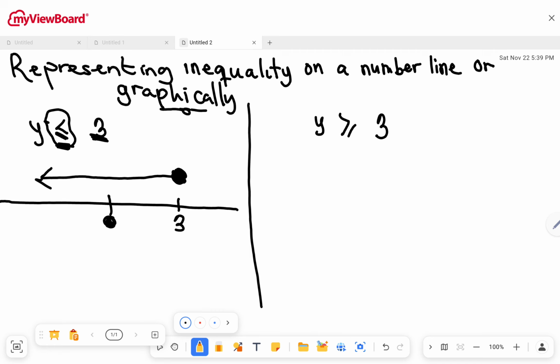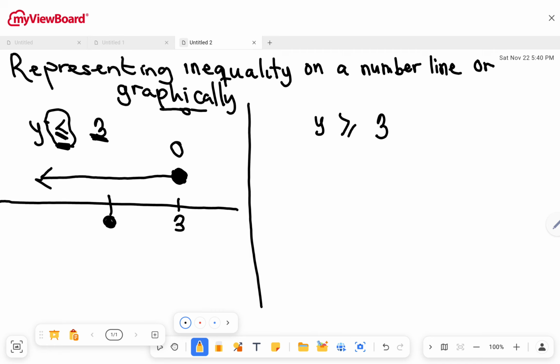So always do not leave the circle hollow if you have less than or equals to, or greater than or equals to. Always make sure that there is no space in the circle that is drawn on the number line. So this is how to represent y is less than or equals to 3.